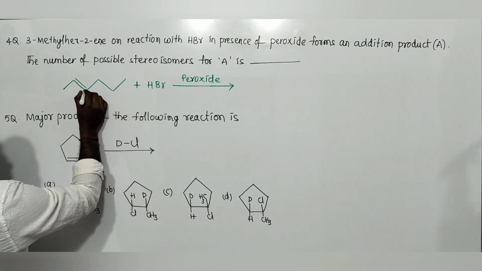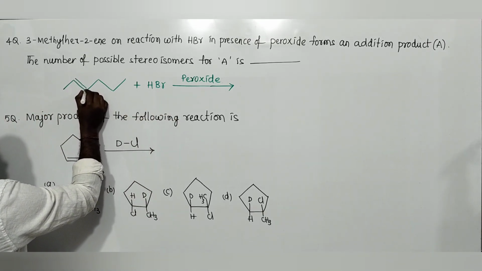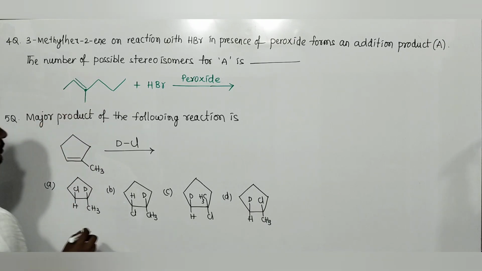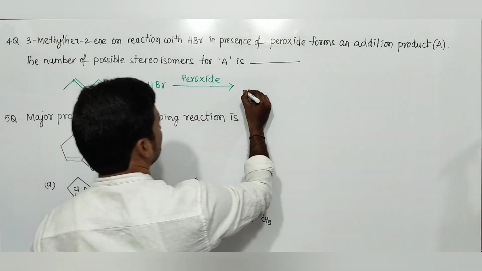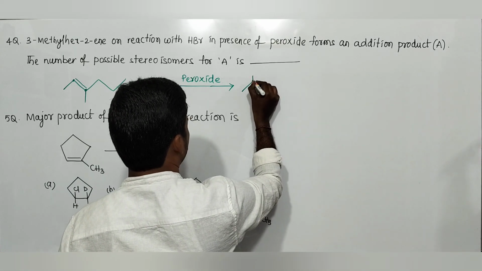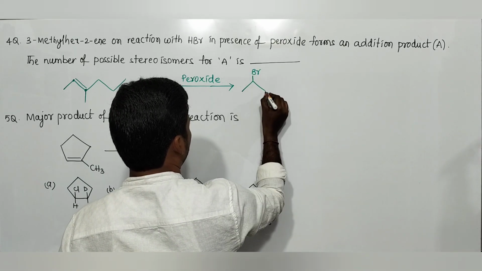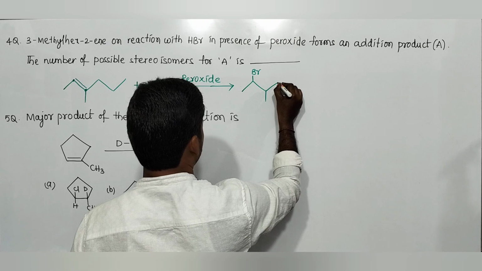Anti-Markovnikov's rule means hydrogen is added to the double bonded carbon containing less number of hydrogens and bromine is added to the other. That means here we get bromine and here hydrogen. No need to write hydrogen.